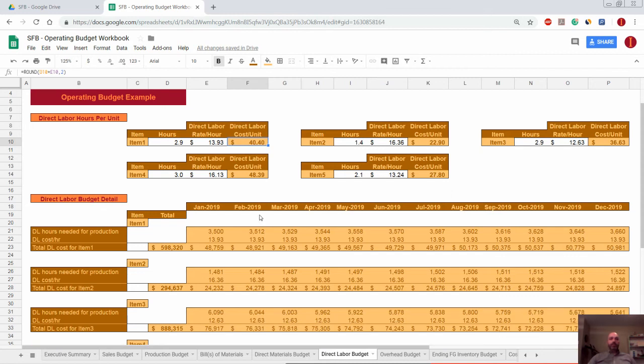Down here we get into a little more detail where we refer back to that production budget. What we're doing is taking the amount we plan to produce for a given month times the number of hours each one is expected to take. And hours, also like labor rates, could vary.